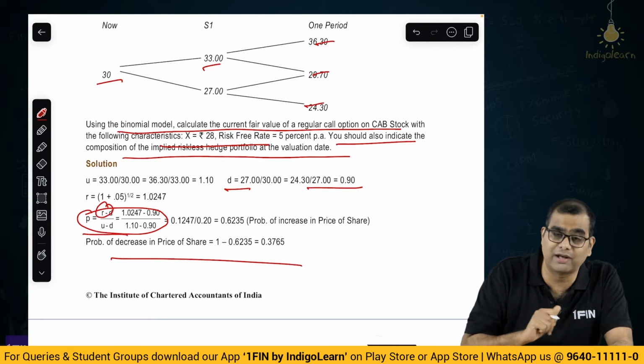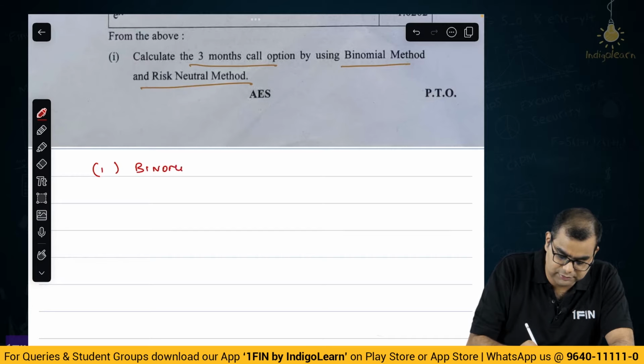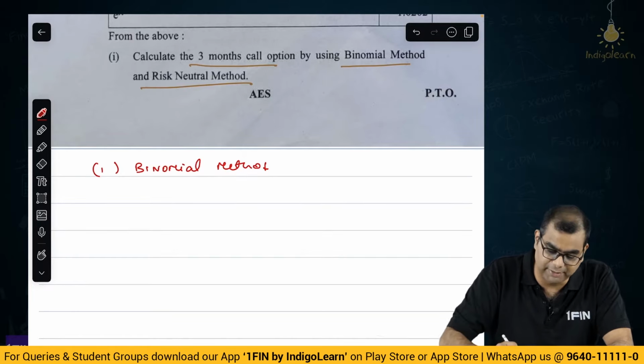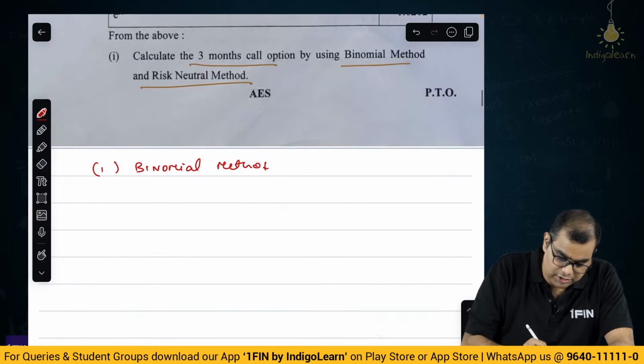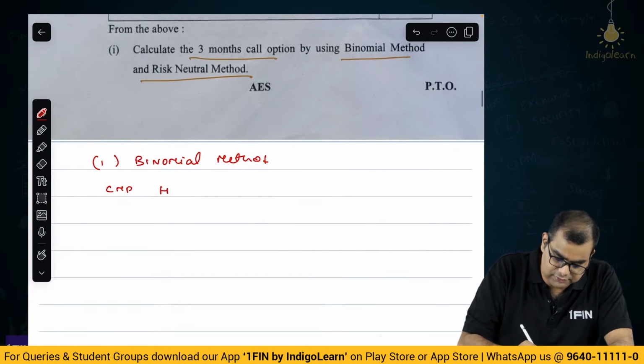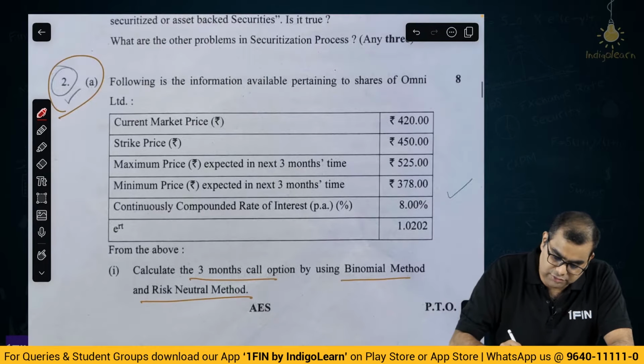So what I would do is first the binomial method, and I would actually draw a binomial tree because that is the most important thing according to me if you are solving it by the binomial method. So, current market price, how much is it? 420, right? You call this S0.